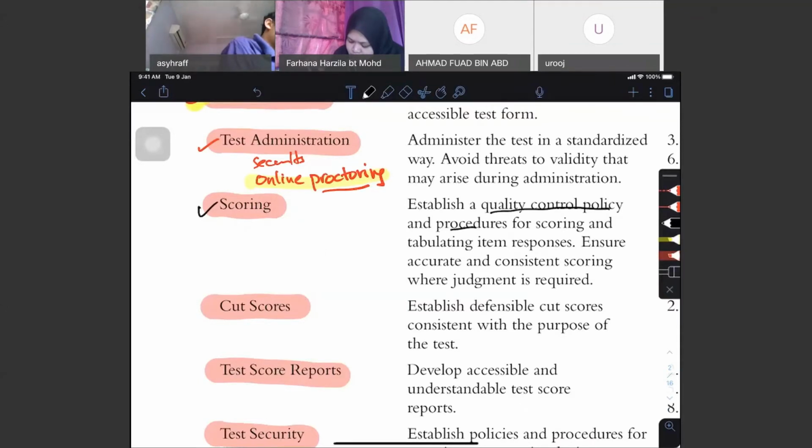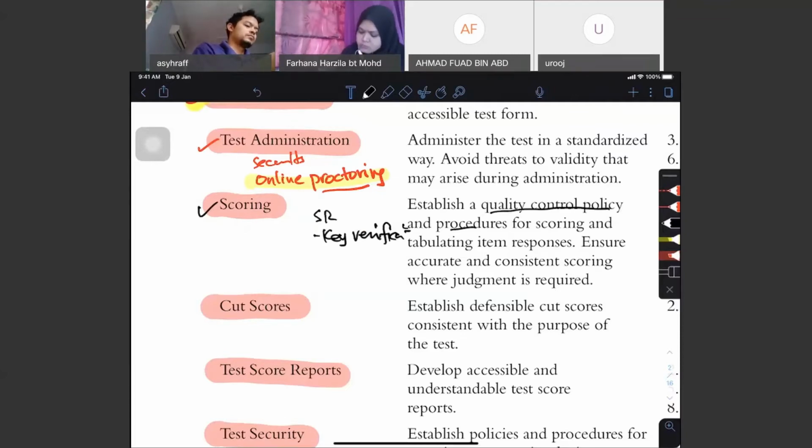For select type questions, selected response questions, what we can do includes a key verification step, where after we get the MCQ papers, we scan them the first time and we look at the data to see whether there's any problem during the scanning.